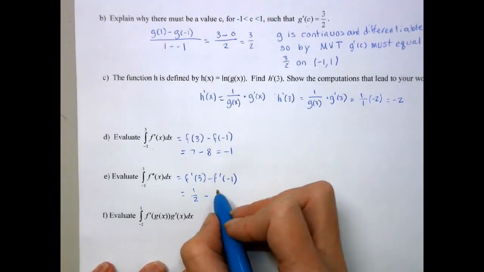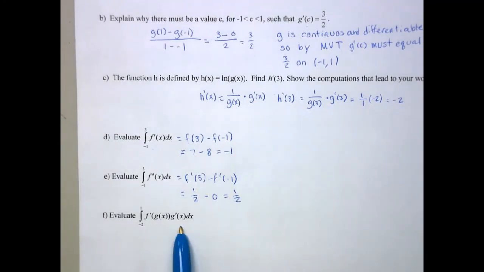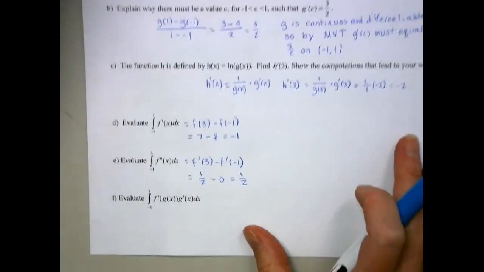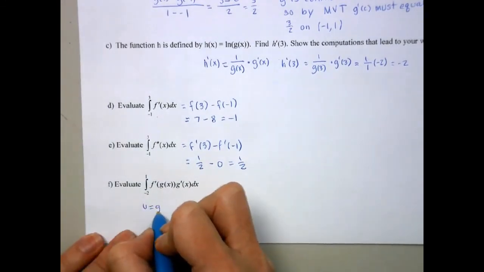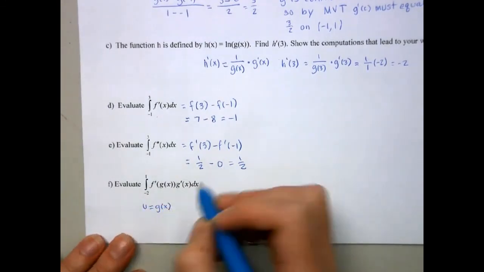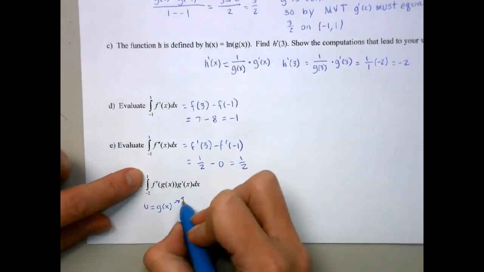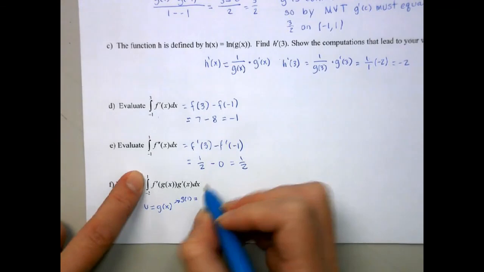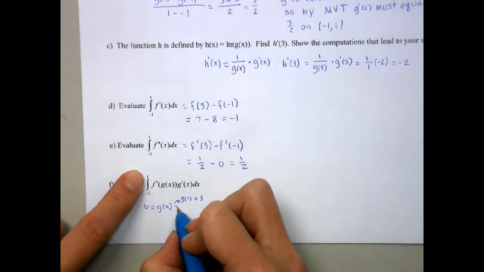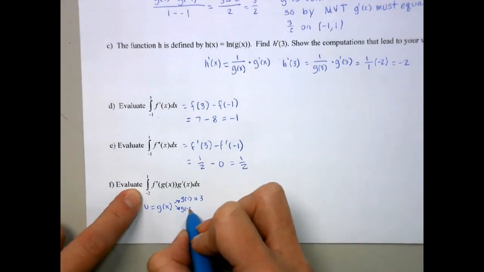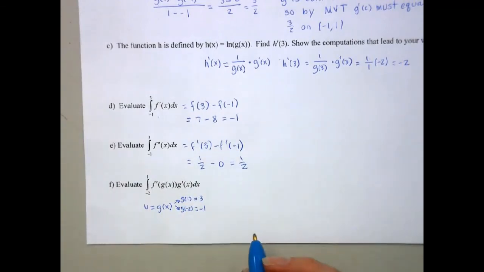Okay, this last one's a little bit tricky, but we're just going to do a u substitution here. So I'm going to let u equal g of x. Evaluate our endpoints. G of 1, according to my chart, is 3. G of -2, according to my chart, is -1. Du is going to be g prime of x.